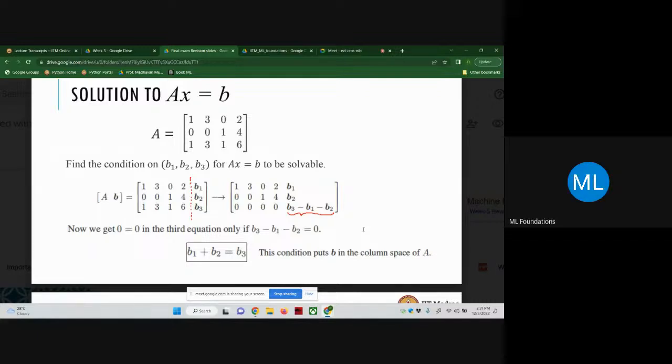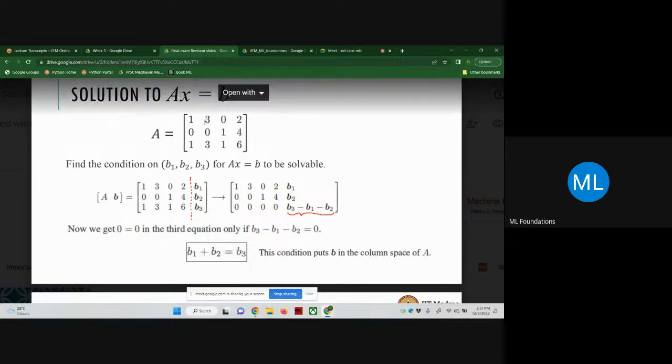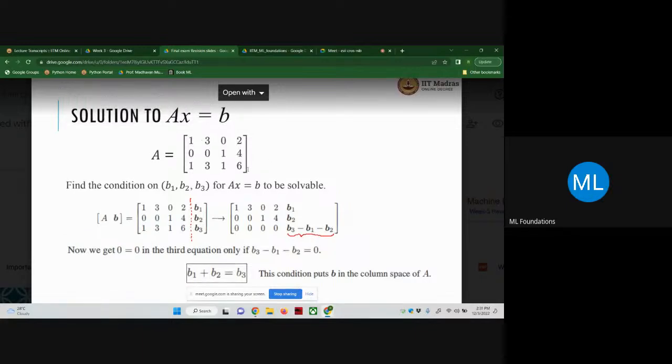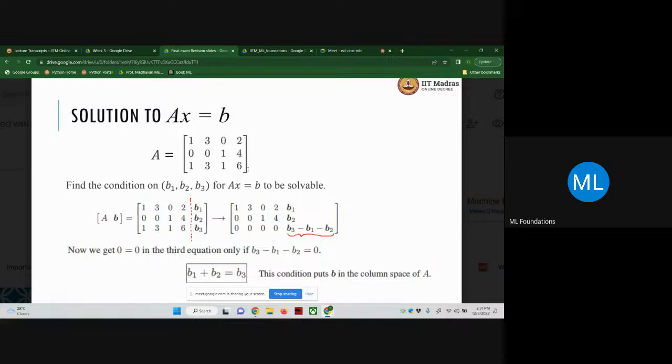The other way you can say that it will have multiple solutions is that here n equals 4, but the rank will not equal 4 because it is a 3 by 4 matrix. The rank will be at most 3. In this case the rank is only 2, correct?